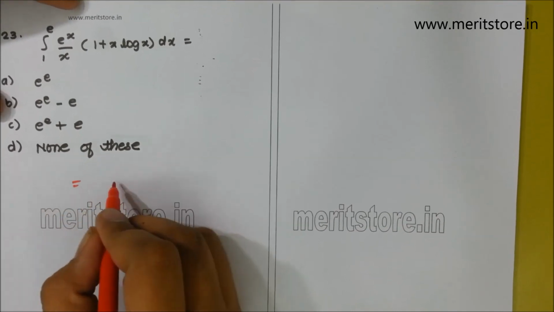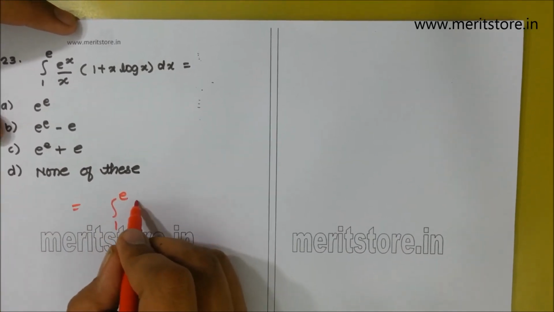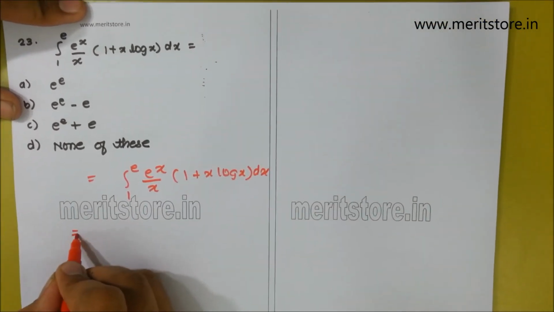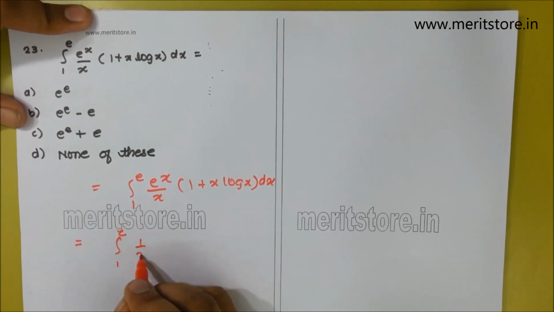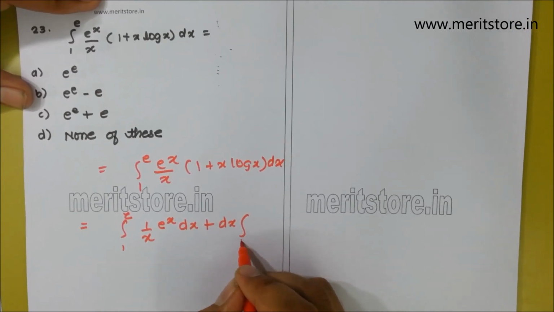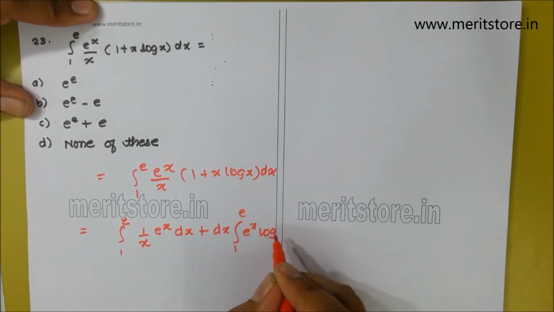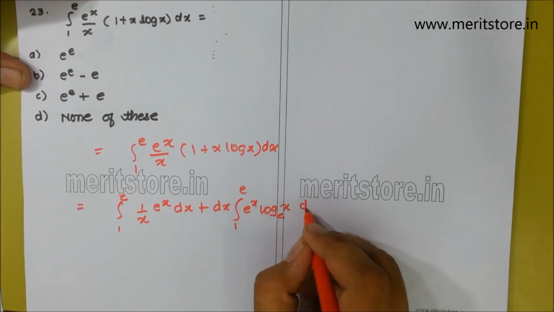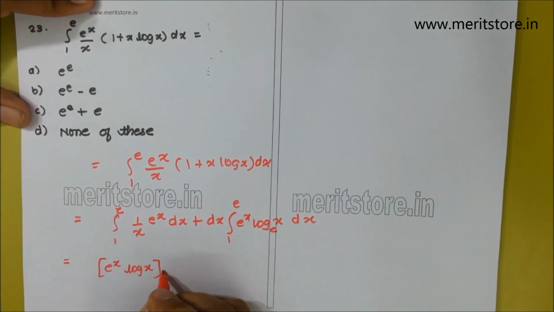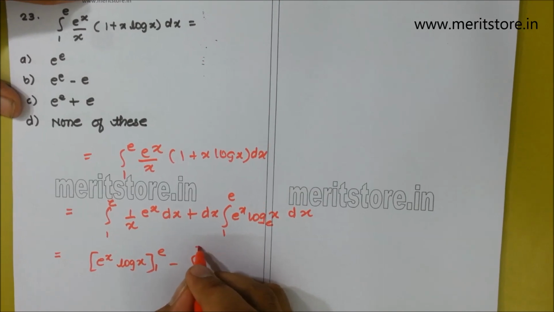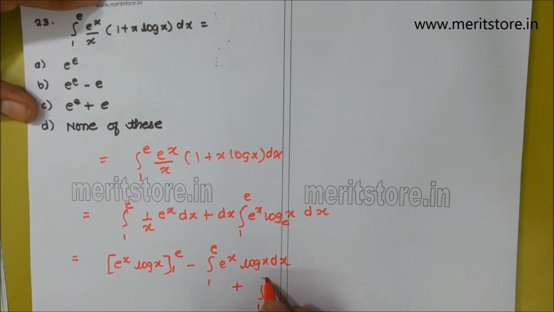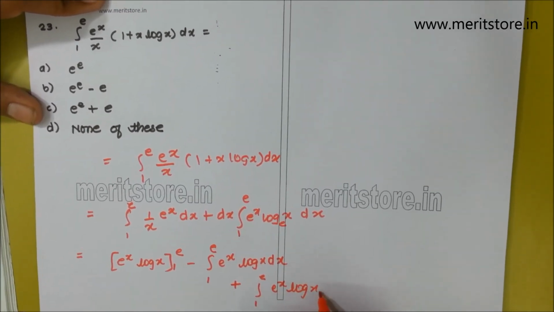Now to solve this question, that can also be written as integral from 1 to e of 1 upon x e raised to x dx plus integral of 1 to e of e raised to x log of x to the base e dx, which can be solved as e raised to x log of x from 1 to e minus integration of 1 to e of e raised to x log x dx plus integral of 1 to e of e raised to x log x dx.